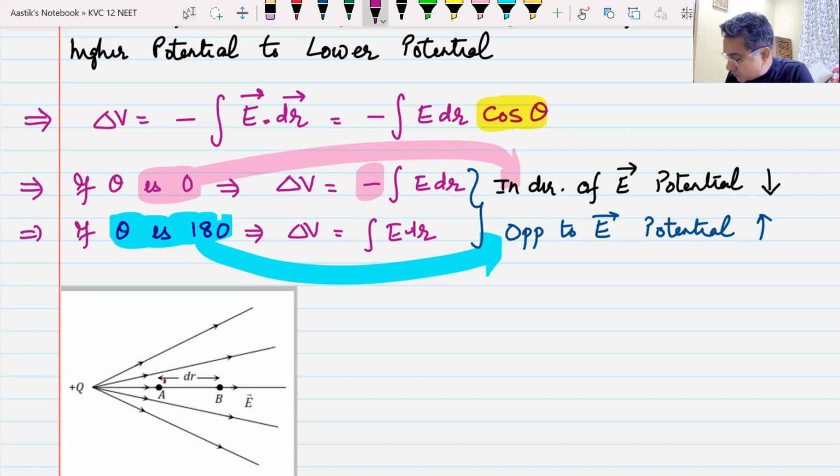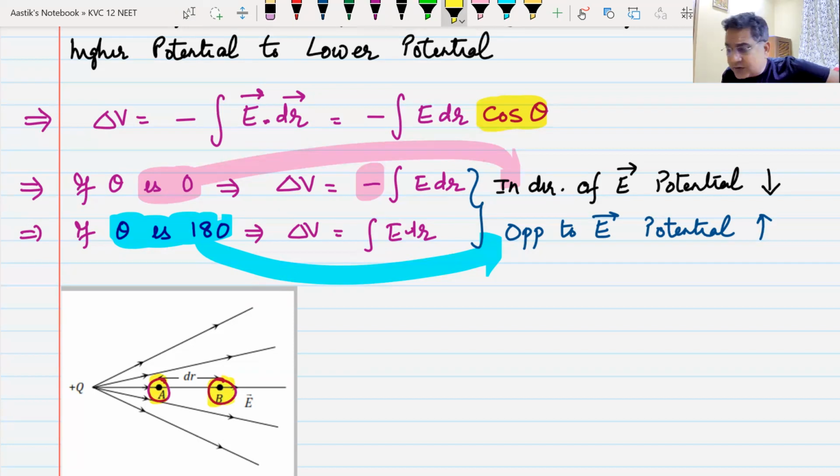You can see the point A and the point B. With all the information I have given you, which point will be at a higher potential, point A or point B? A, sir. A is at a higher potential.